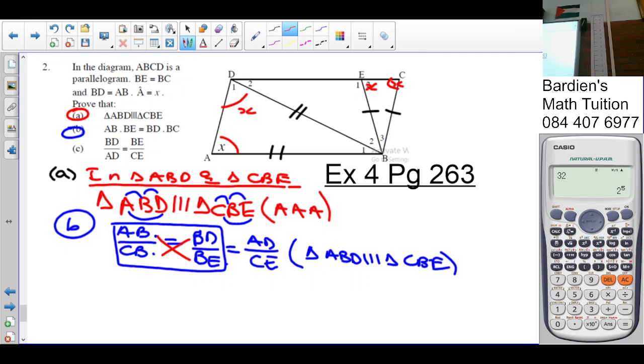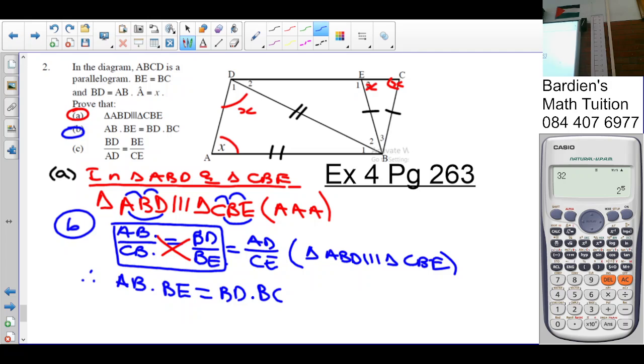It's just a matter of cross multiplying. So therefore, AB times BE is equal to BD times CB or BC. Okay. You all understand? Any confusion?